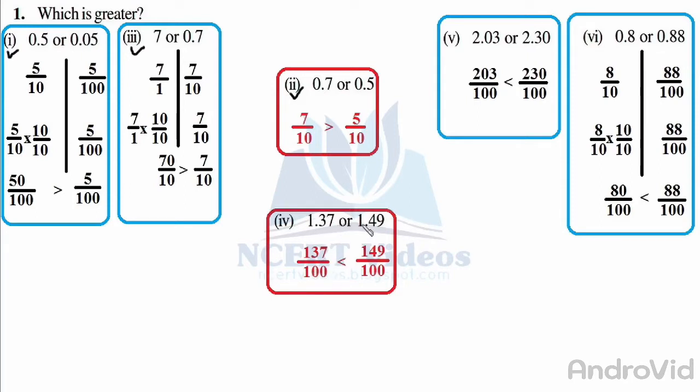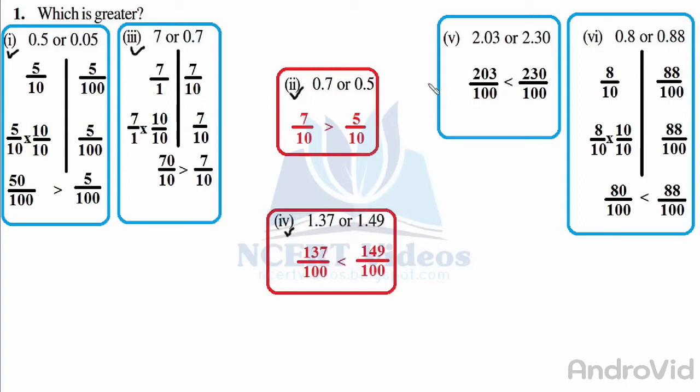Similarly here, we will write 149, forgetting the decimal when writing the numerator, then upon the point with 1 and the number of digits is 2, so 2 zeros. Now the denominator is the same, you can easily compare. 149 is greater than 137, therefore this is greater than this.